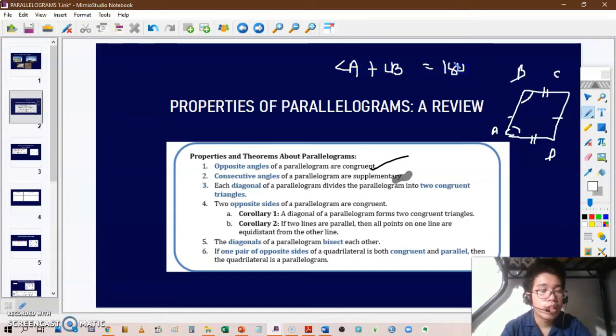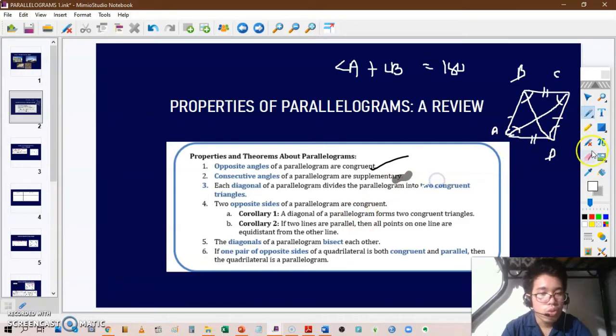The same goes for angle B and angle C, angle C and angle D, and angle D and angle A. Also, each diagonal of a parallelogram divides the parallelogram into two congruent triangles. If we draw this diagonal, ABD and CBD are congruent triangles. If we draw the other diagonal, ABC is congruent to CDA.